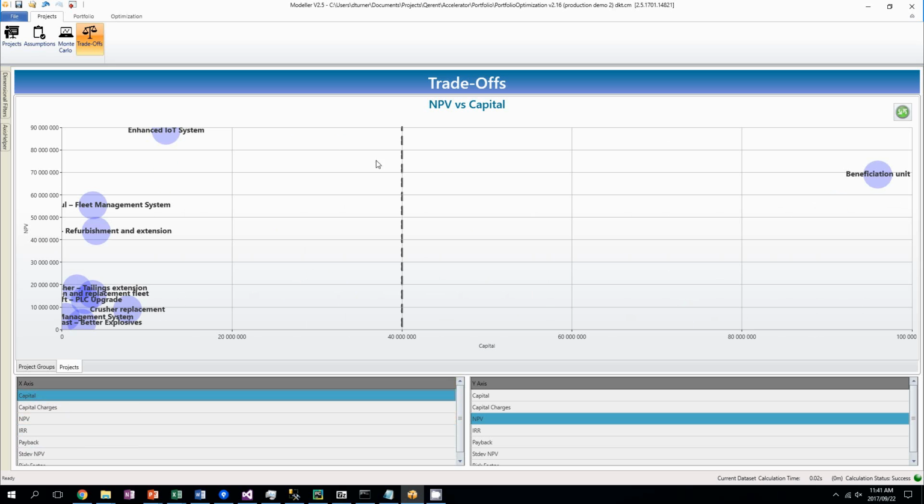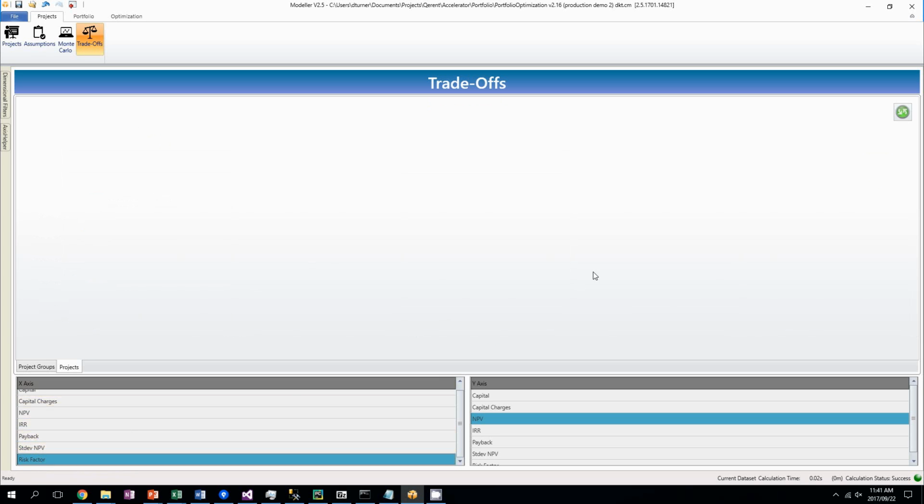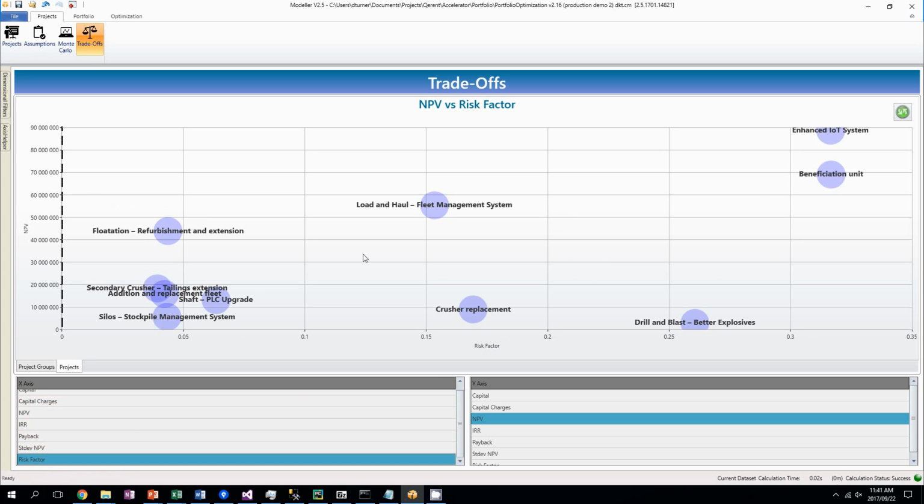And one can use that to get a sense of which projects are high capital, which of them have a good return to capital ratio, which of them are particularly risky, and which of them are quite low risk projects.